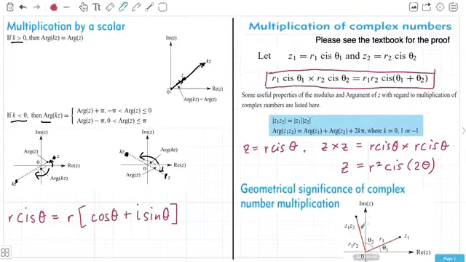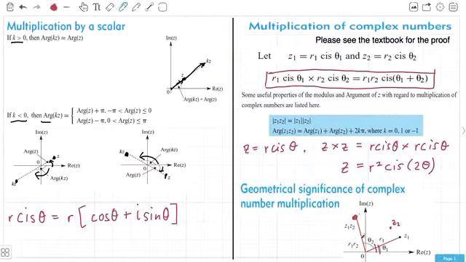The other thing that I've got down here is the geometrical significance of complex number multiplication. Basically it just shows you what happens if you have a complex number z1 with its angle theta 1, and if you had another complex number, it's not shown here, you'd have a z2, and here theta 2 is a bit bigger, and it had its own length r2. z1 times z2 is actually moved around by the angle of z1 plus the angle of z2, so that's why you've got this movement here, so the multiplied complex number is over this way.